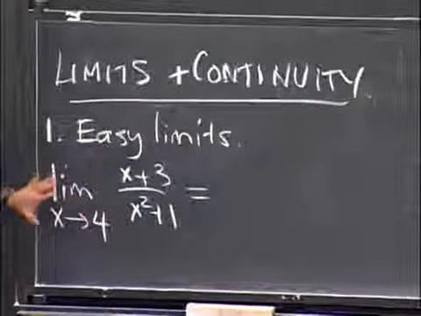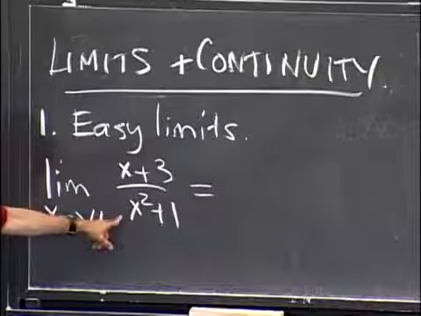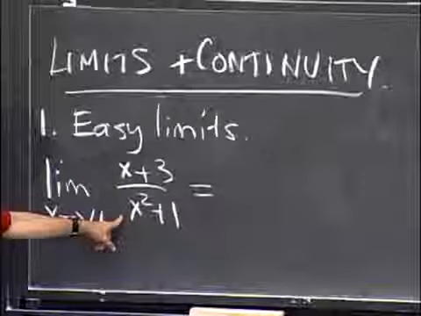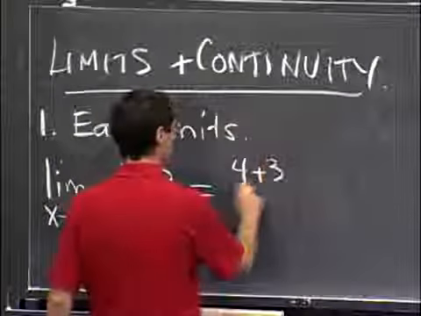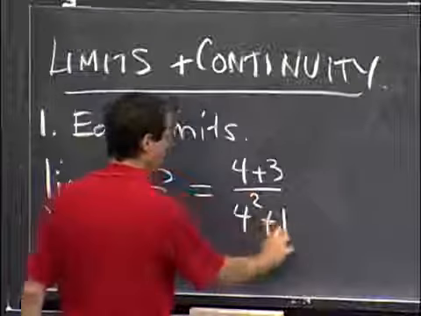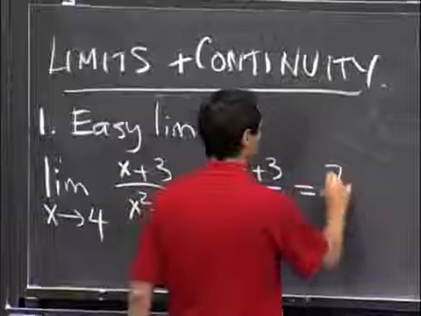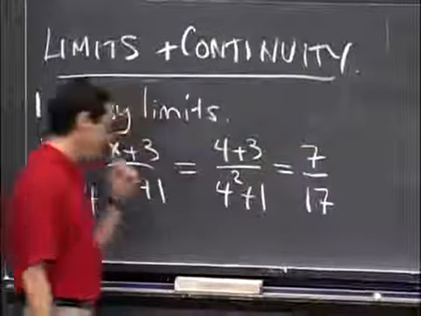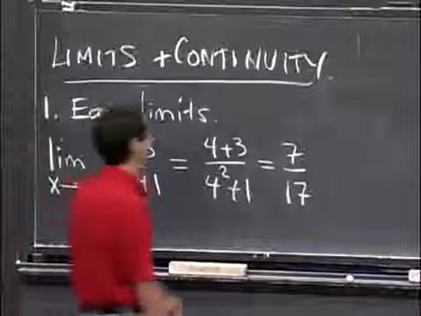And with this kind of limit, all I have to do to evaluate it is to plug in x equals 4. So what I get here is 4 plus 3 divided by 4 squared plus 1. And that's just 7 divided by 17. And that's the end of it. So those are the easy limits.